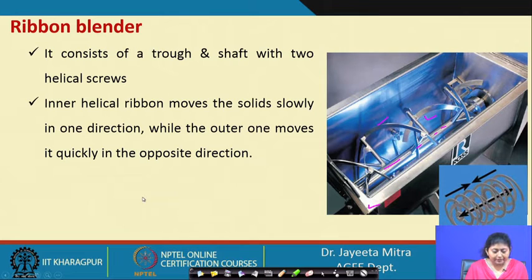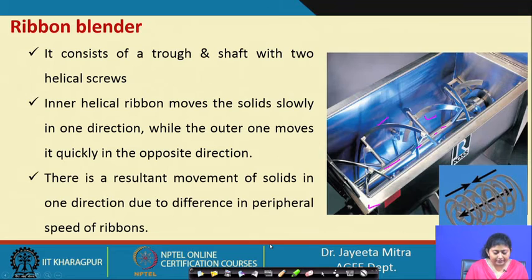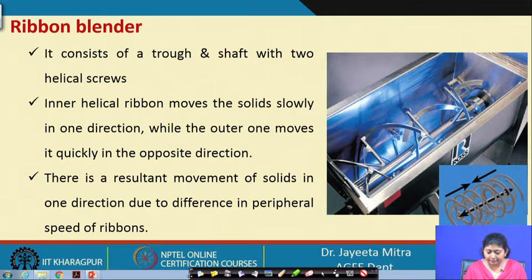Because of this change in movement, the mixing will be done. There is a resultant movement of the solid in one direction due to the difference in peripheral speed of the ribbons. So, this is how the ribbon blender operates.